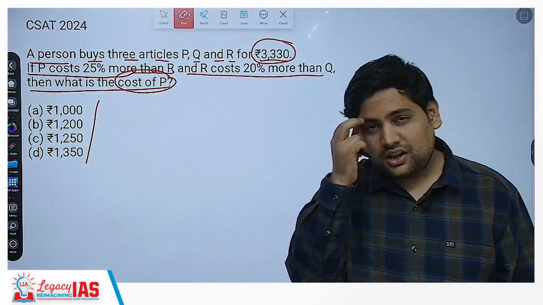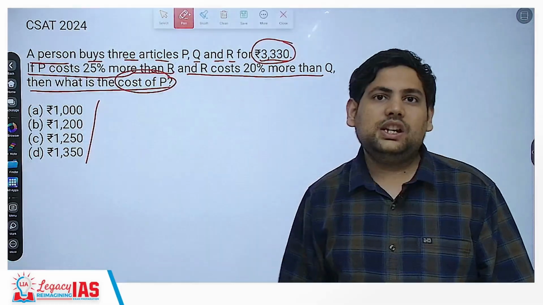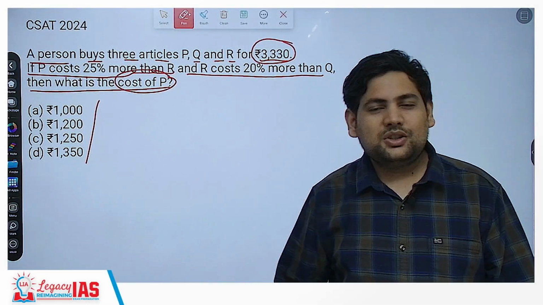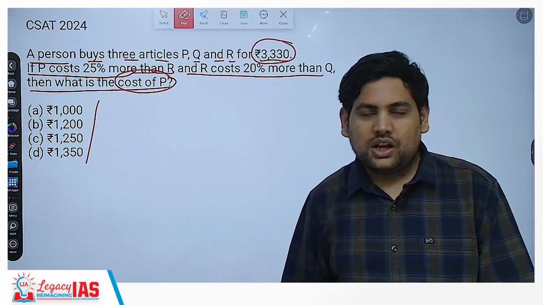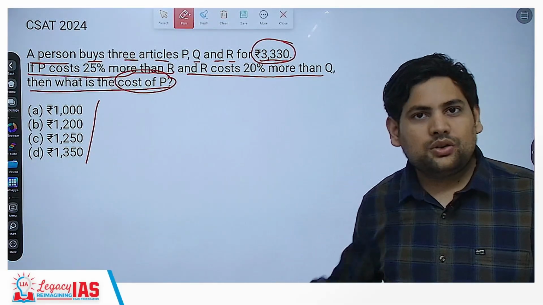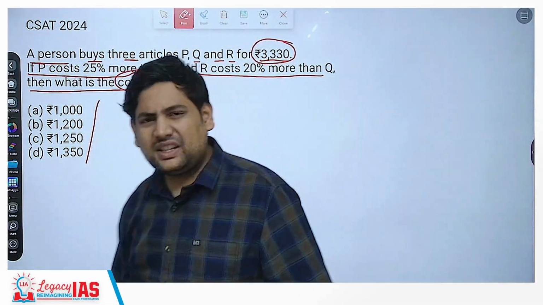So here you cannot assume it to be any number. Of course you can, and do some manipulations and get to the answer, but the thing is you don't assume it to be anything. Now how do you do questions like this? You do it very simply.